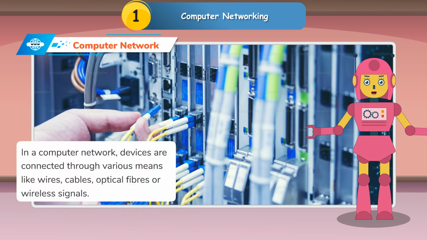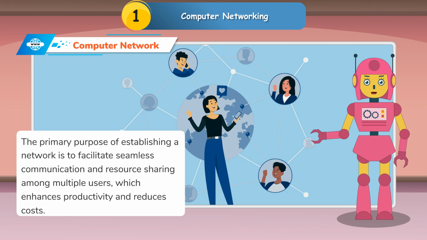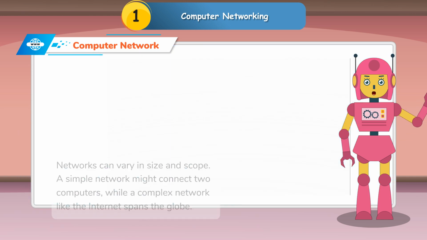In a computer network, devices are connected through various means like wires, cables, optical fibers, or wireless signals. The primary purpose of establishing a network is to facilitate seamless communication and resource sharing among multiple users, which enhances productivity and reduces costs.